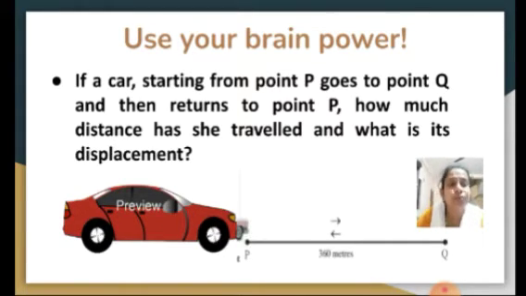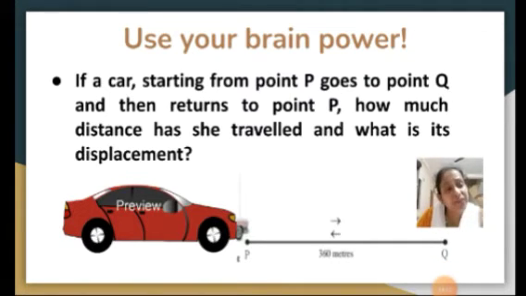Displacement has magnitude as well as direction, and therefore since the direction is opposite, it gets cancelled. So here the displacement becomes 0 again, whereas the distance is 360 plus 360, that is equal to 720 meters. So we can say here that the displacement is 0.